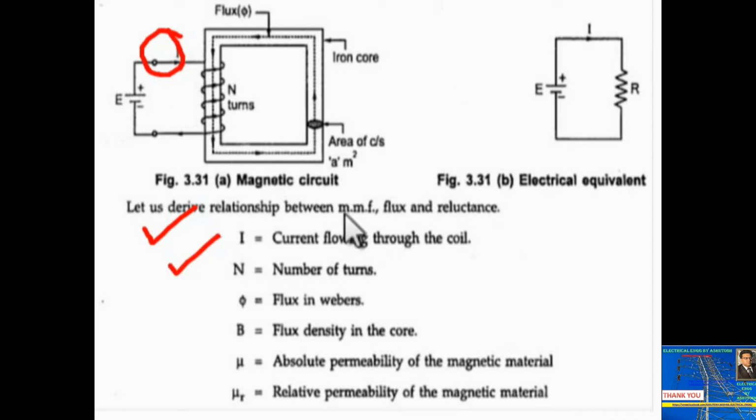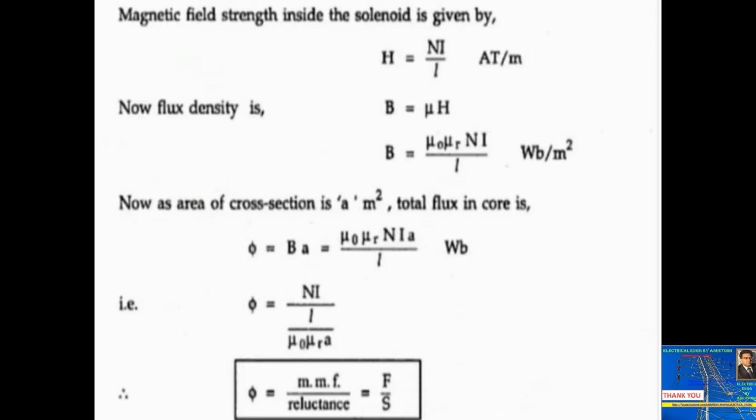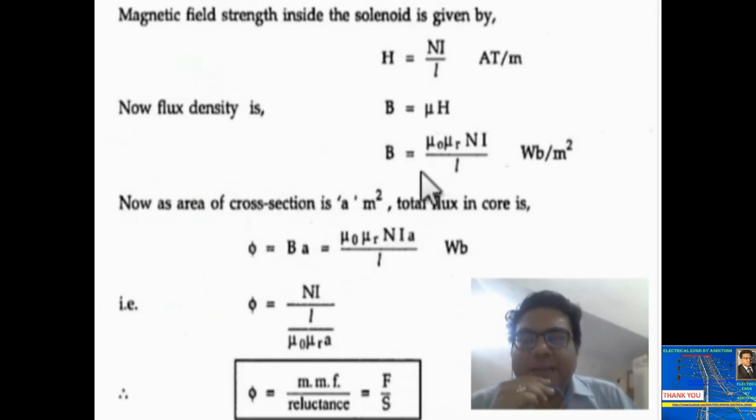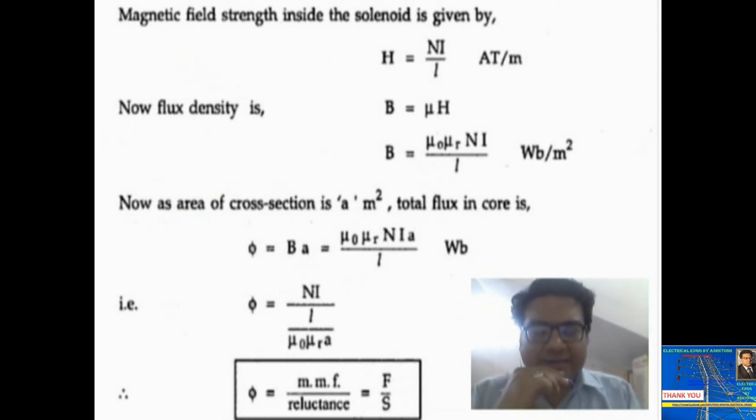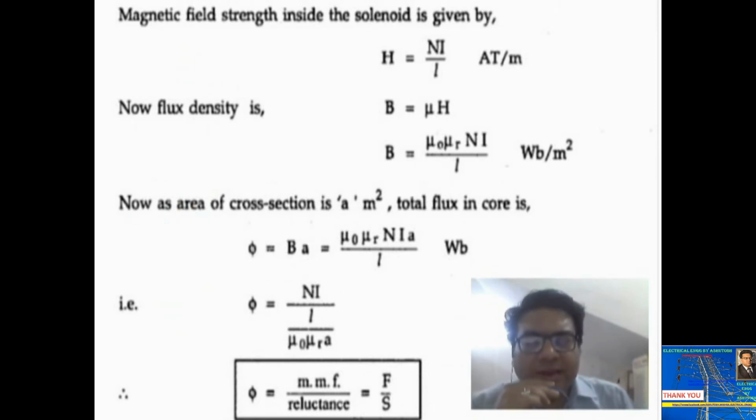Number of turns is N. These are the number of turns of the winding. Flux in Weber is the flux which is set up in the magnetic iron core. Then B is the flux density in the core. You see, mu 0 is the absolute permeability of the magnetic material, mu r is the relative permeability of the magnetic material. So guys, now you can see, magnetic field strength, also called magnetic field intensity.